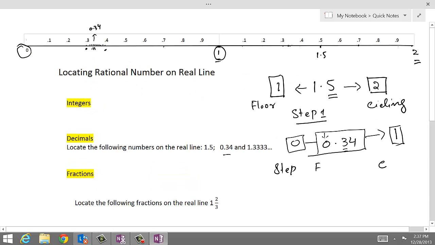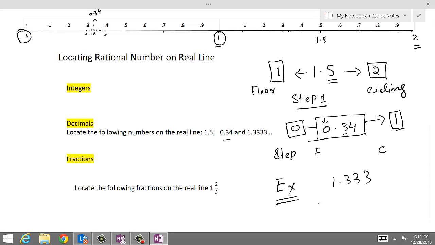We are back to the page again, and now let's look at another example. Next, we are going to locate 1.333. What is the floor and what is the ceiling?